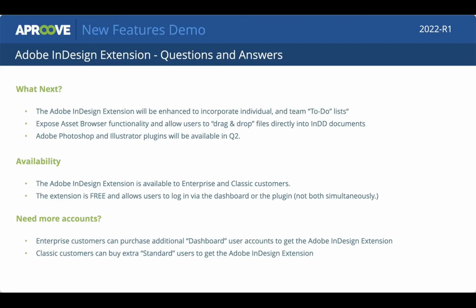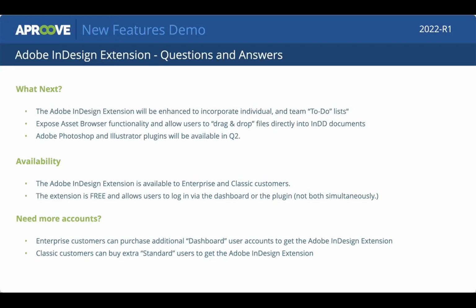So enterprise customers can simply purchase dashboard user accounts, and that will give you access to the Adobe InDesign extension. And the classic customers can just buy extra standard users, and that will also get you access to the InDesign extension and also the ability to log in via the web browser as well. So hopefully that seems fair to everyone, and hopefully you'll all be up and running and using that plugin pretty soon.